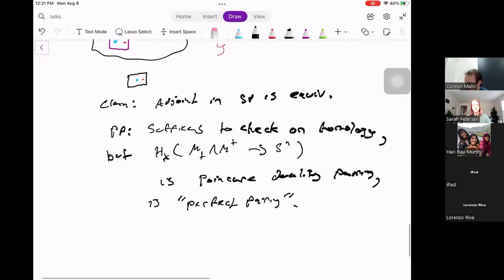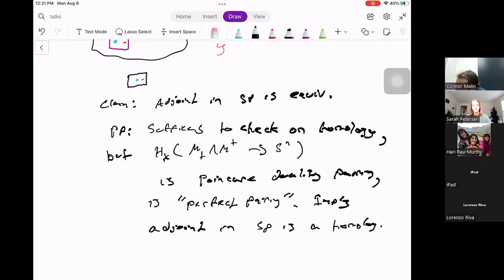And basically because homology interacts well with smash products, it turns them into tensor products, this will imply that the adjoint in spectra is a homology equivalence for all fields, which is enough to know it's an actual equivalence. Are there any questions about that?